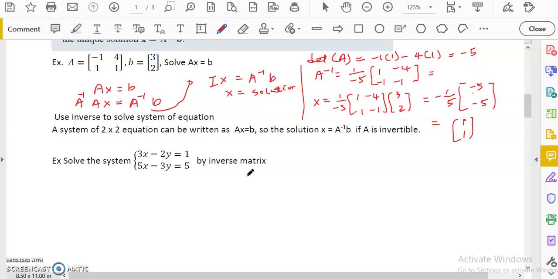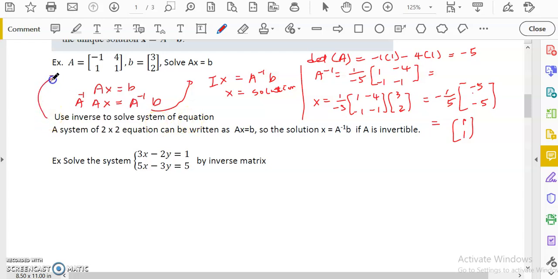So this is one way without doing row operations or an augmented matrix to solve for x. Use the inverse. You can see that it is only for a 2 by 2 matrix, right? So what happens if it is not? We will talk about how to find the inverse of a 3 by 3. So you can use inverse to solve equations.